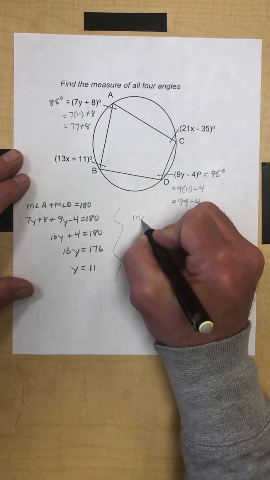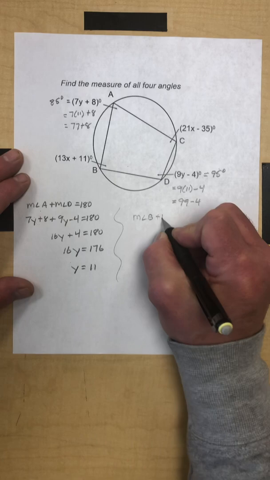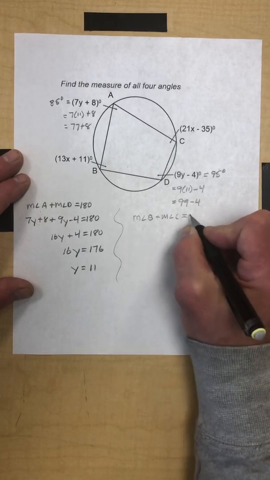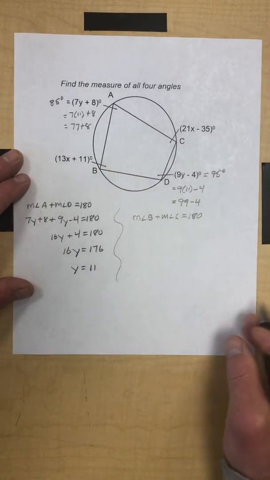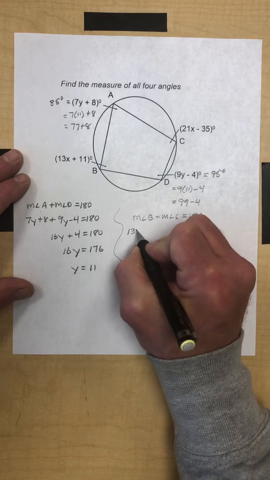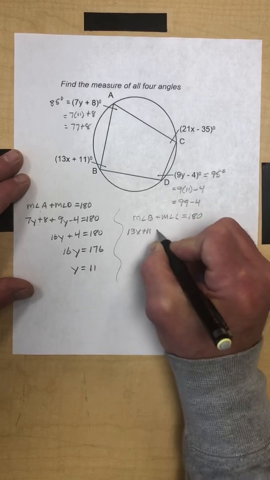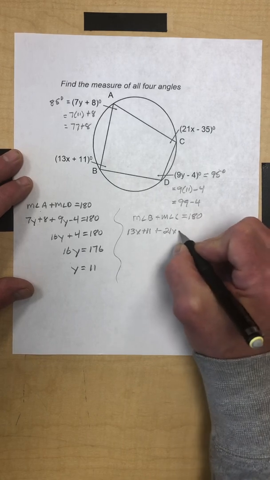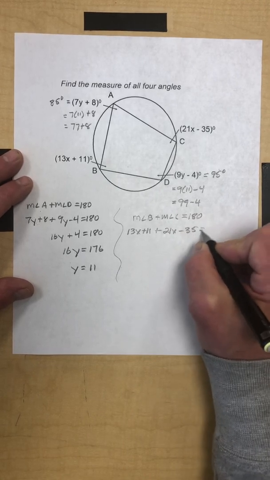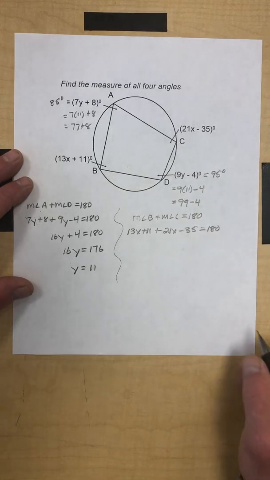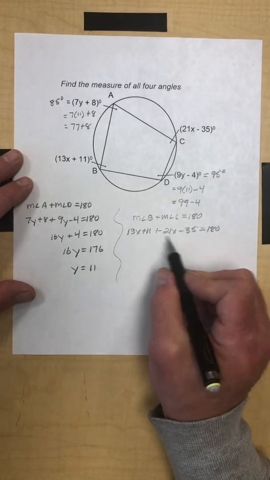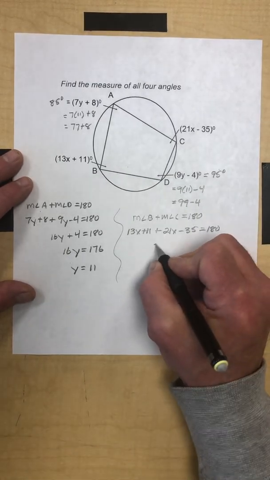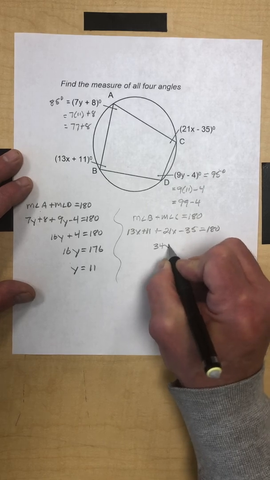The measure of angle B plus the measure of angle C has to be 180 degrees. The measure of angle B is 13x plus 11. The measure of angle C is 21x minus 35. And obviously they have to add up to 180. So 13 plus 21 is 34, so I get 34x.